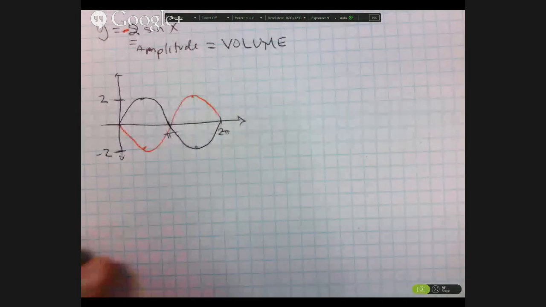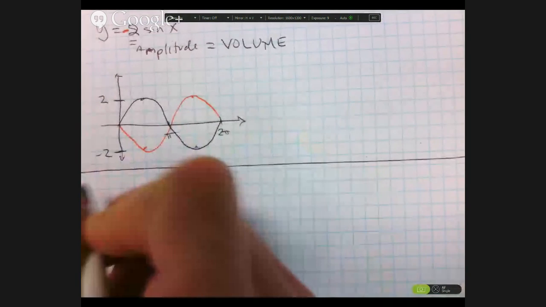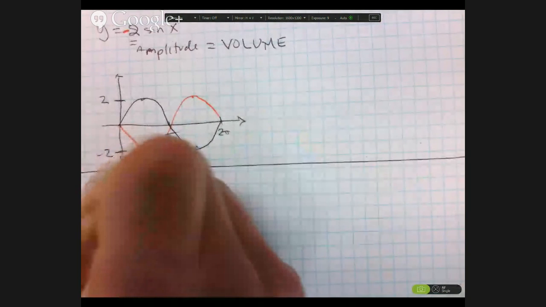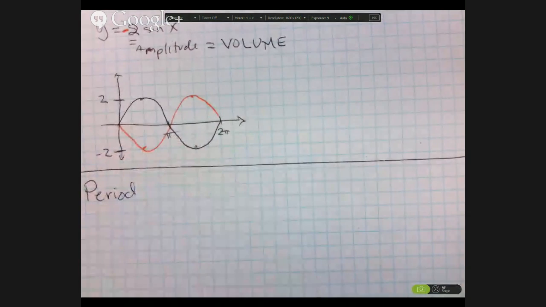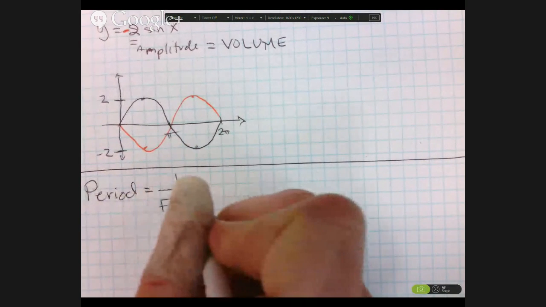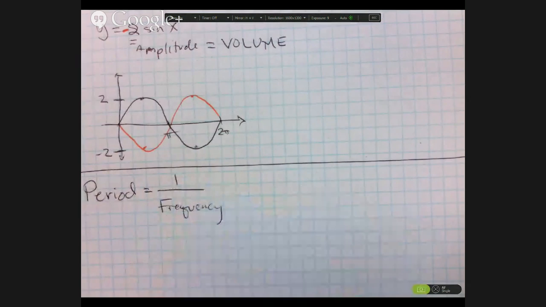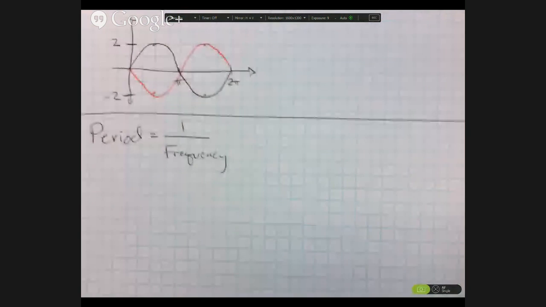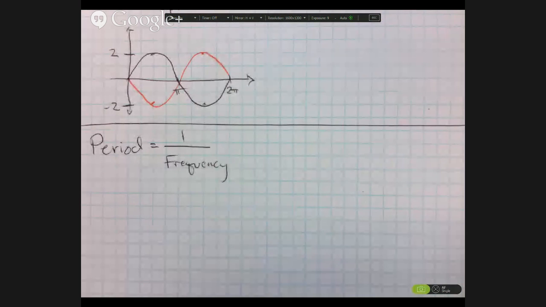Let's talk about period. For music terms, period is 1 over frequency, and I will explain that.